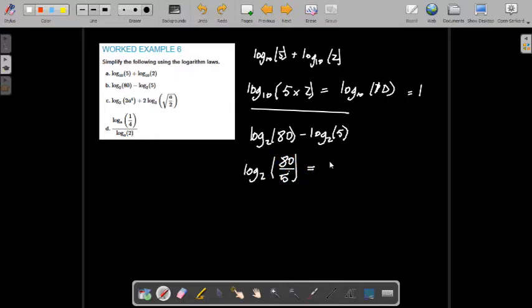And if you work that out, we get log base 2, and that should be, mental blank, sorry, 16. So 80 divided by 5, 16. Right.